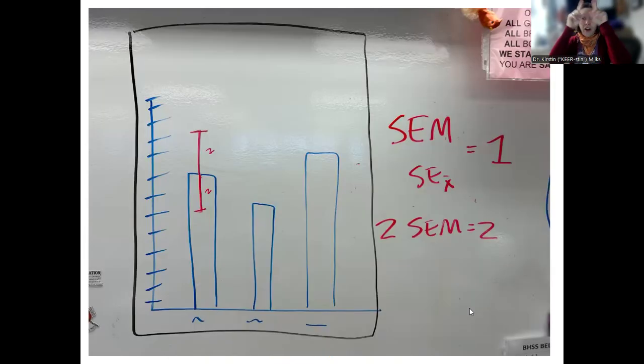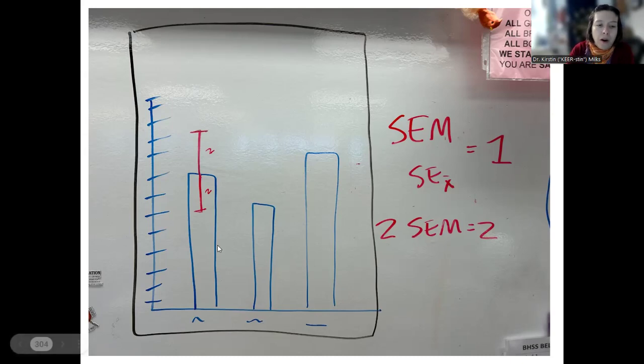So let's say you're going to get a piece of graph paper, and you're going to hold it in portrait mode. And let's say that this is what you end up with. This is probably not what your bars look like, but they might. So let's say that you have to label your axes here with a title, and you need to label your things here. But let's say that you have this bar and you made it the average and it's this tall. And for this particular data set, you calculated the standard error of the mean, which is also sometimes written like this, and it's equal to 1.